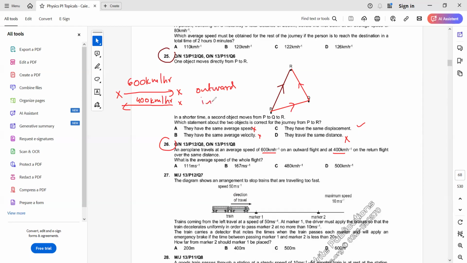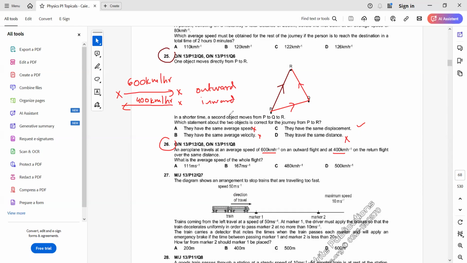So the distance is the same. Outward flight means a plane bound from Karachi to Islamabad, and coming back to Karachi is an inward flight. So it's essentially the same distance. Since it is going faster, it will require a different time to reach Islamabad. And since it is coming back slower, that will require a greater time.